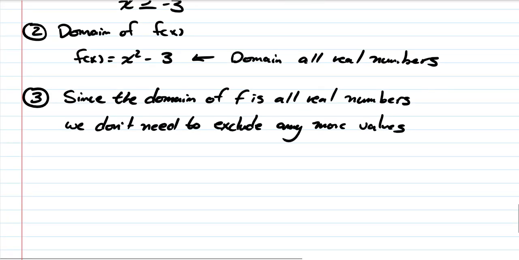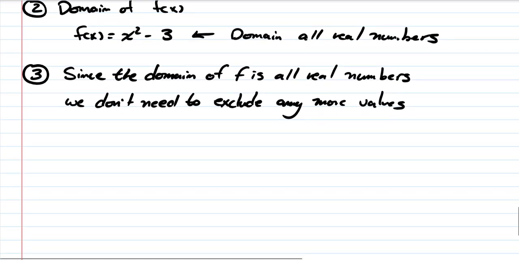So then the domain is just what we got in step 1. So it's still just going to be from negative 3 to positive infinity.